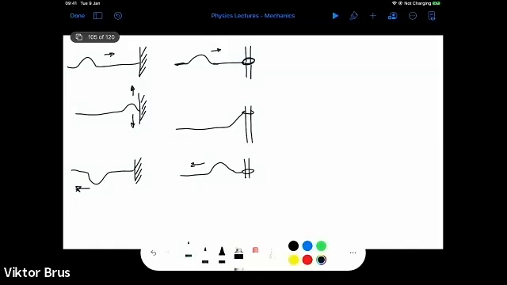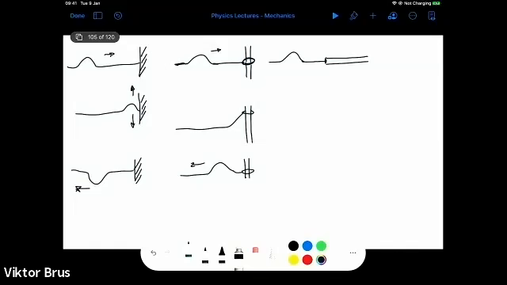So we have some pulse which is moving along the thinner rope, like a string, to the interface where the two kinds of strings are attached. And here we have a thicker one.